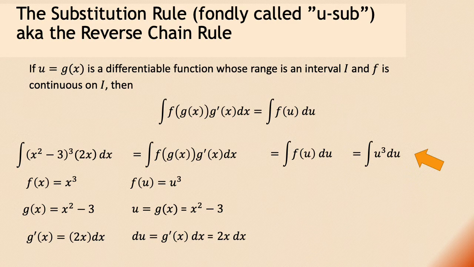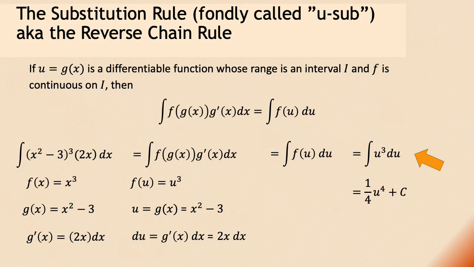So what is the antiderivative of u cubed? Again, just pretending that u is a simple variable. Well, we're going to add 1 to the power, divide by that new power. So we get 1/4 u to the 4th plus our arbitrary constant because it's an indefinite integral and we don't know which antiderivative we want.